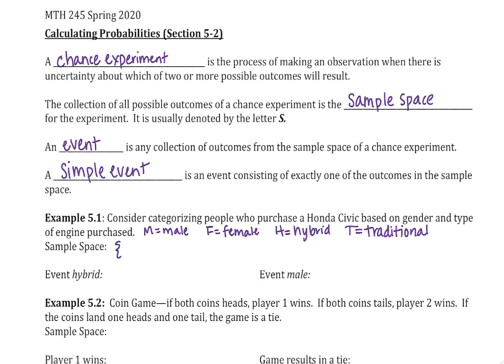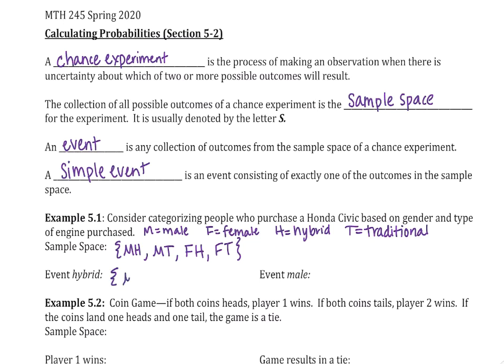So we're going to list out all the possible outcomes that could happen here. Well, a male could purchase a hybrid, so we would call that event male hybrid. A male could purchase a traditional, so that would be male traditional. Female hybrid and female traditional. That covers all the possible outcomes. Now the event hybrid, which events would that include?